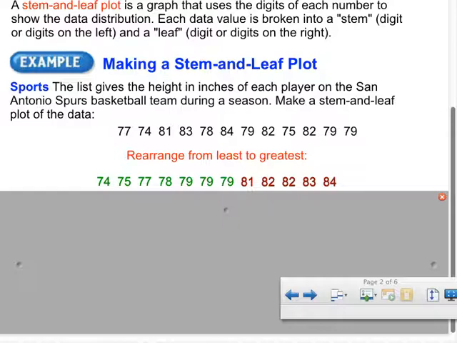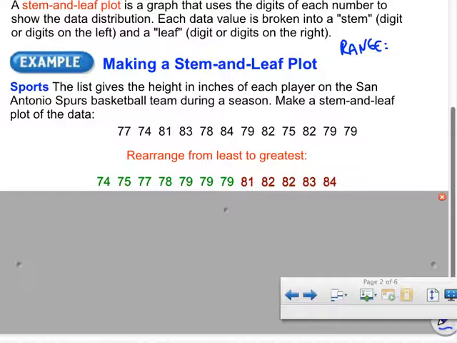Now, before we continue, can somebody tell me what the range is? How do we calculate the range? Does anybody remember how to find the range? How do we find the range? Jayla?